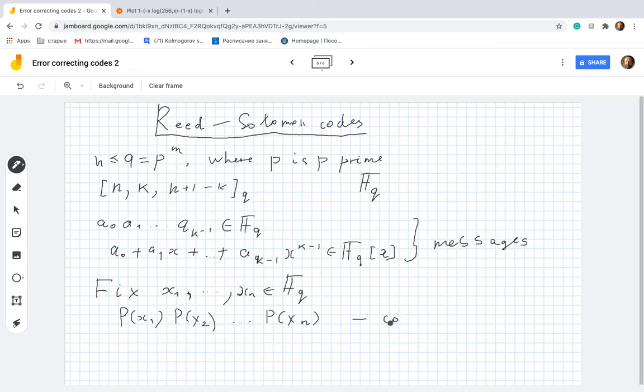More precisely, this is the code word which encodes the message P. So as promised, the length of the message is k, the block length is n, and the only thing we need to verify is that the minimum distance is at least n plus 1 minus k.